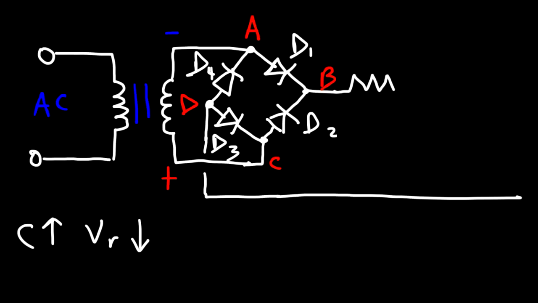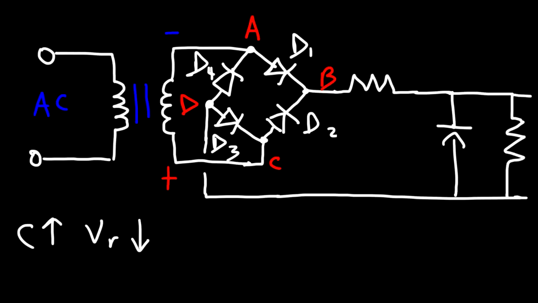So here is the series limiting resistor, and then here we have our capacitor and also the load resistance. So let's call this C, R_L, and this will be R_S. So by adding R_S, we can limit the amount of current that will flow through the diodes.